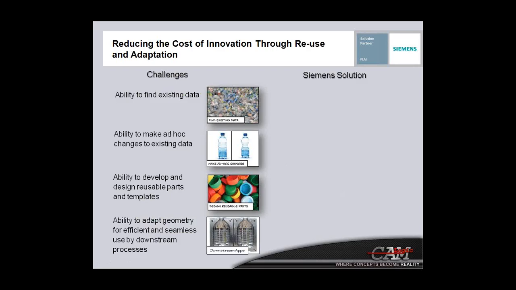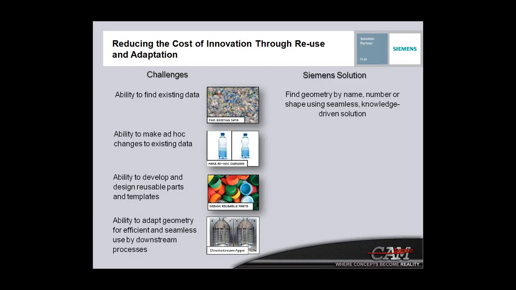Okay, now we've seen how NX's seamless, knowledge-driven solution provides the capabilities required for CAE tooling or to quickly prepare geometry for manufacture. To summarize today's challenges, how do I find existing data?